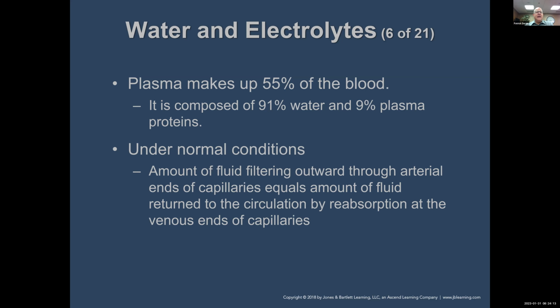Okay, so this is a key point here, under normal conditions, okay? And so we're talking about what happens. The amount of fluid filtering outward through the arterial ends of the capillaries equals the amount of fluid returned to the circulatory system by reabsorption at the venous end of the capillaries.